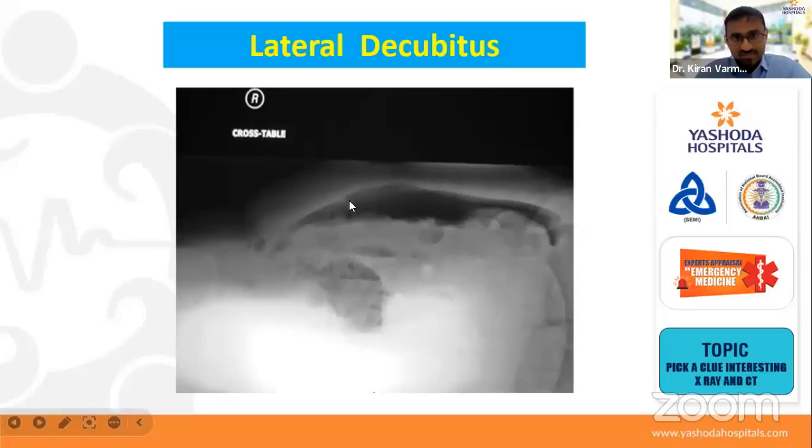This is air. This is the air. Now you can make out the difference. Oh, it is slow. It is not moving. Sorry.